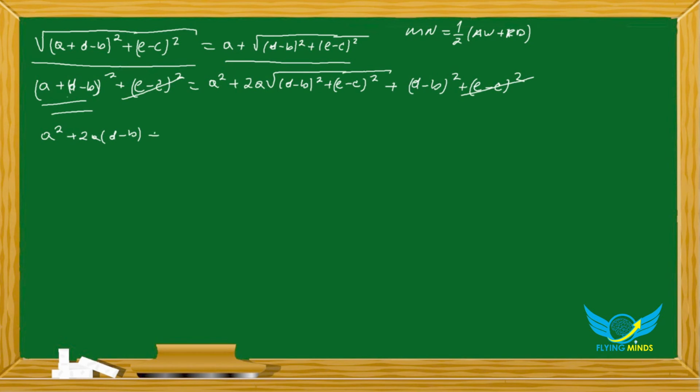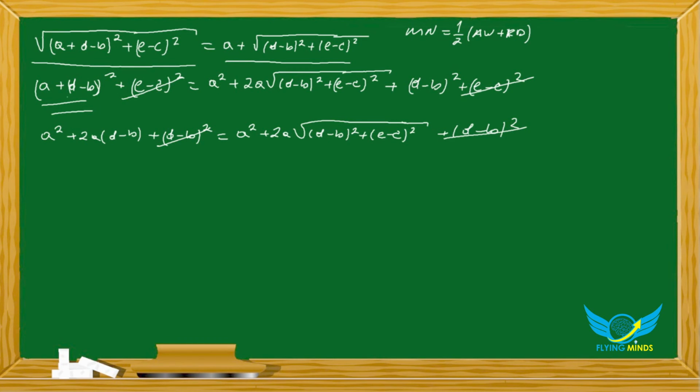So let's expand: a squared plus 2a times d minus b plus d minus b squared equals a squared plus 2a square root of d minus b squared plus e minus c squared, and the third term d minus b squared. And we cancel them.